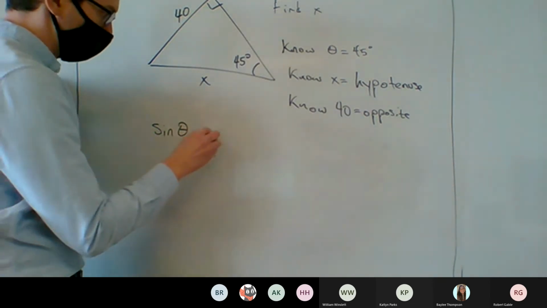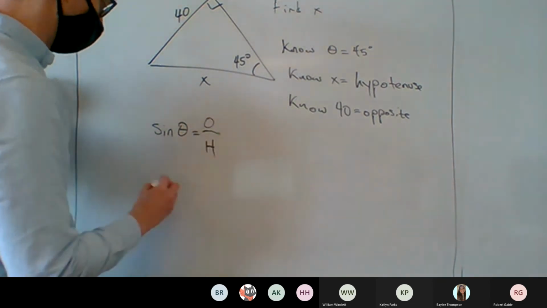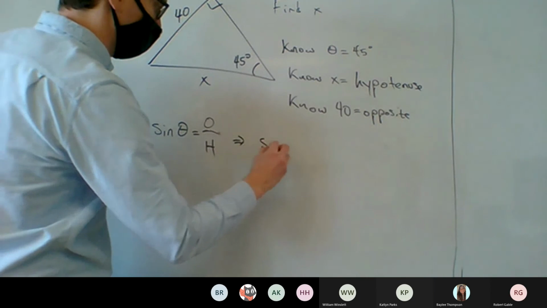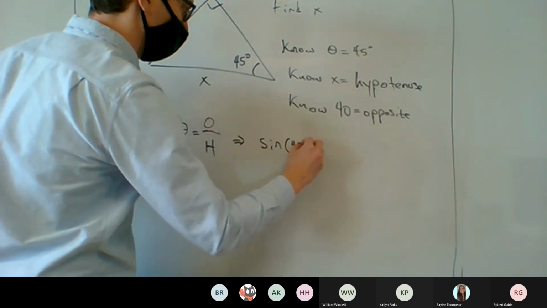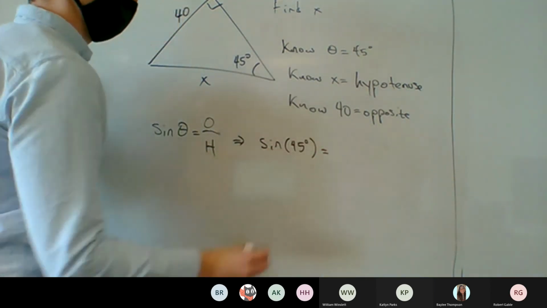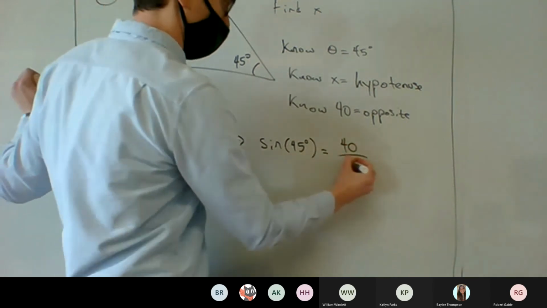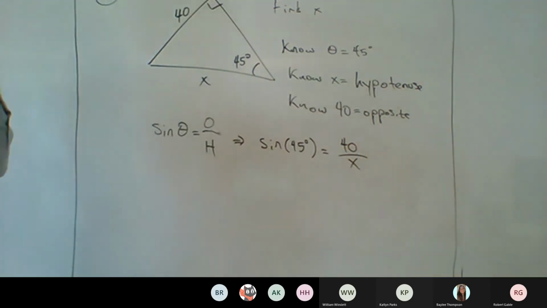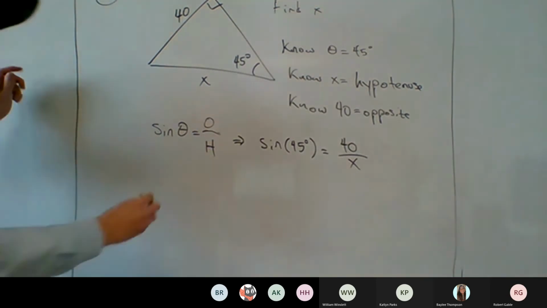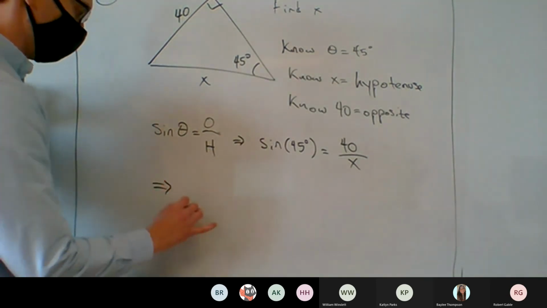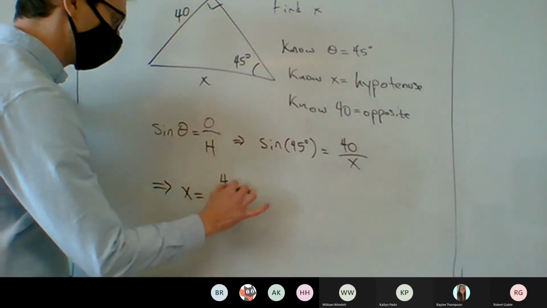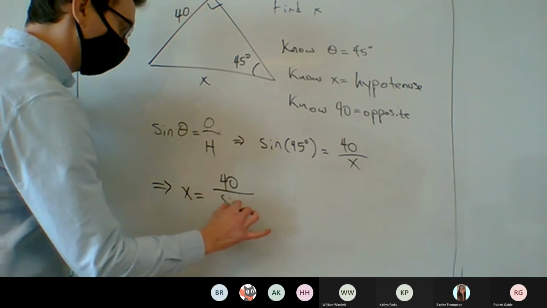Why does that matter here? Because this tells me that sine of 45 degrees is equal to 40, the opposite side, over x. A little bit of algebra says that x is equal to 40 over sine of 45 degrees.